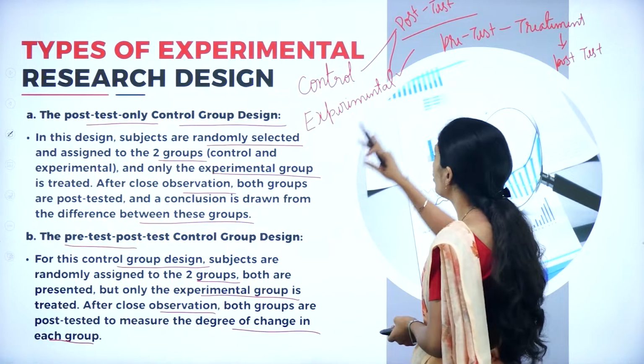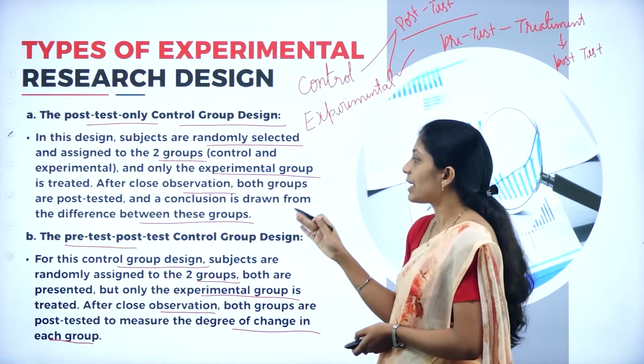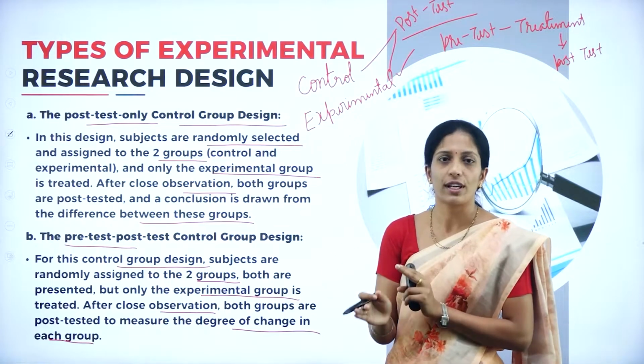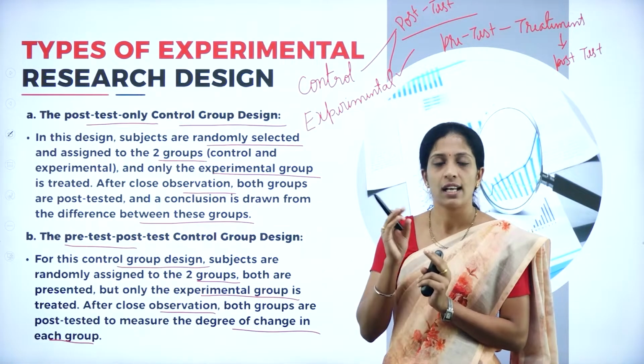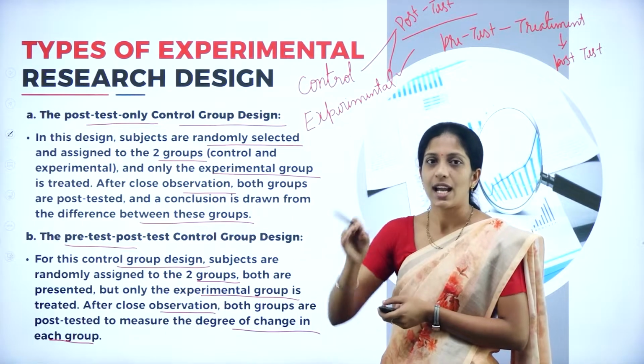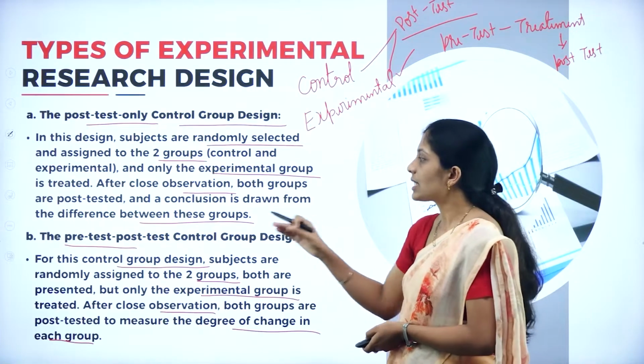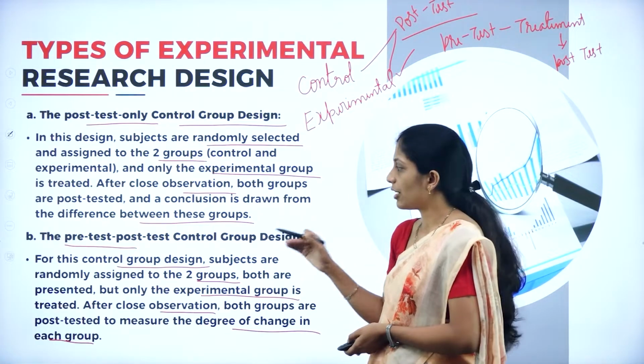After that, they are going to see the changes in each group. That is the pre-test, post-test. Before giving the treatment, they test once, then after the treatment also, they test once. And the changes, they will note it down. That is the pre-test, post-test control group.